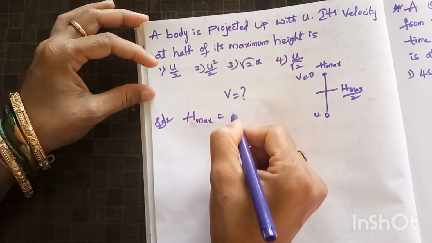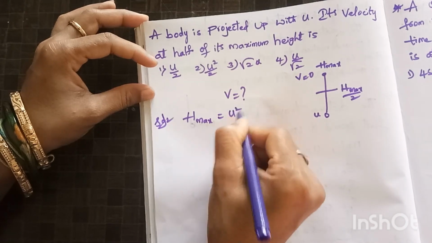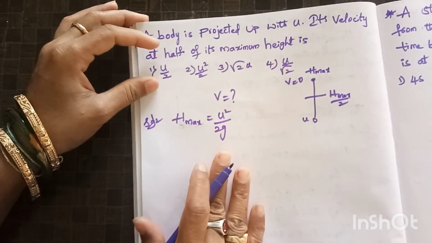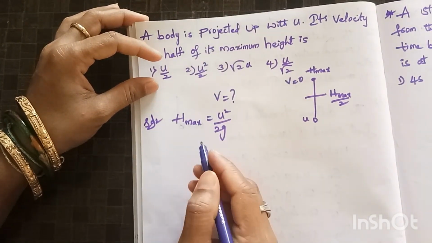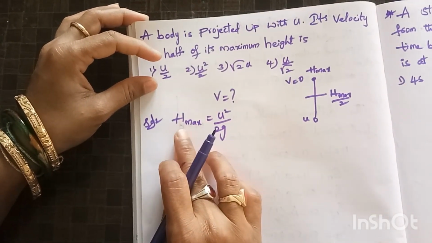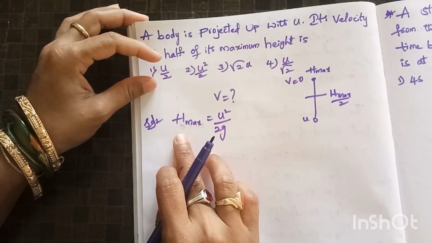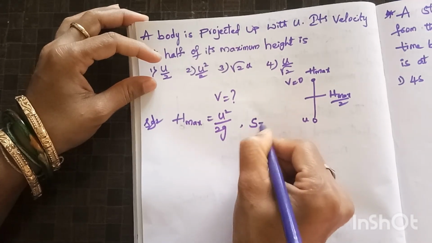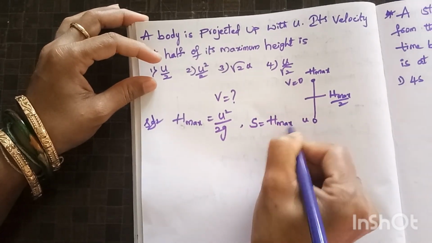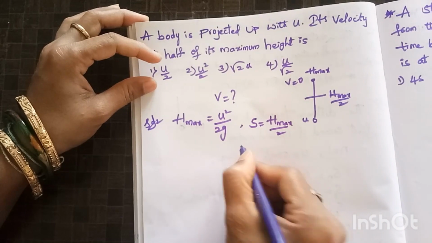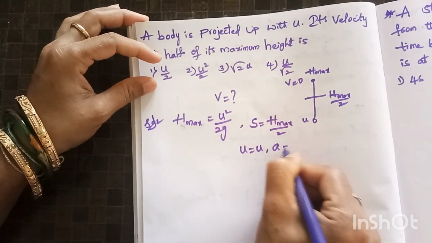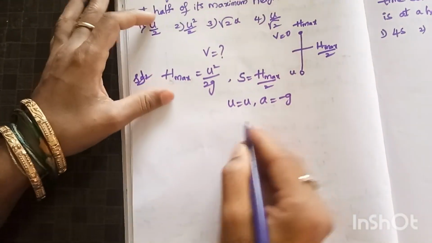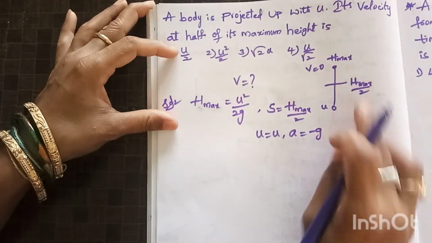The maximum height is U square by 2g. Height can be taken as displacement, so S equals H maximum by 2. For upward motion, u equals U, a equals minus g, S equals H maximum by 2. Now we find V at half maximum height.